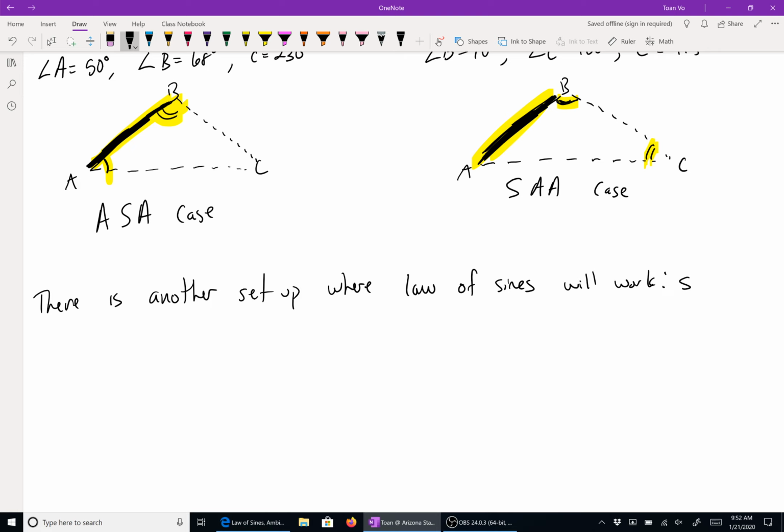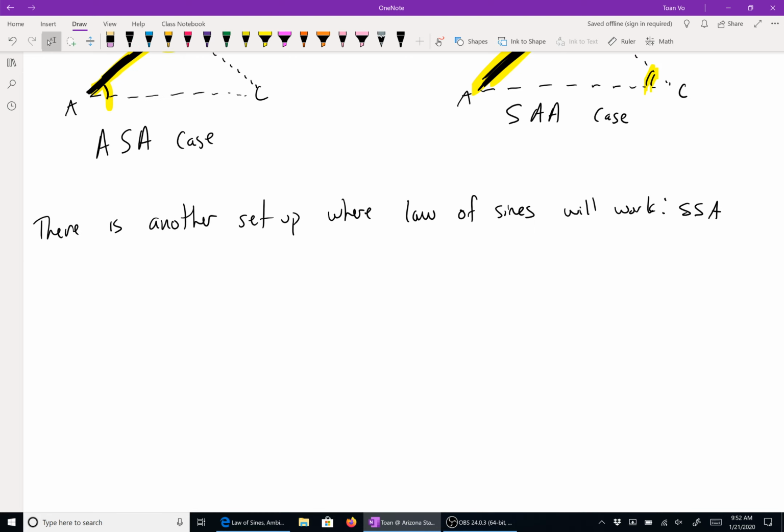That's the side side angle case. Why is that? Well, if I draw it out, what does a side side angle look like? Well, it means, say, we have this angle here, we have the side here, and we have this side here, right?